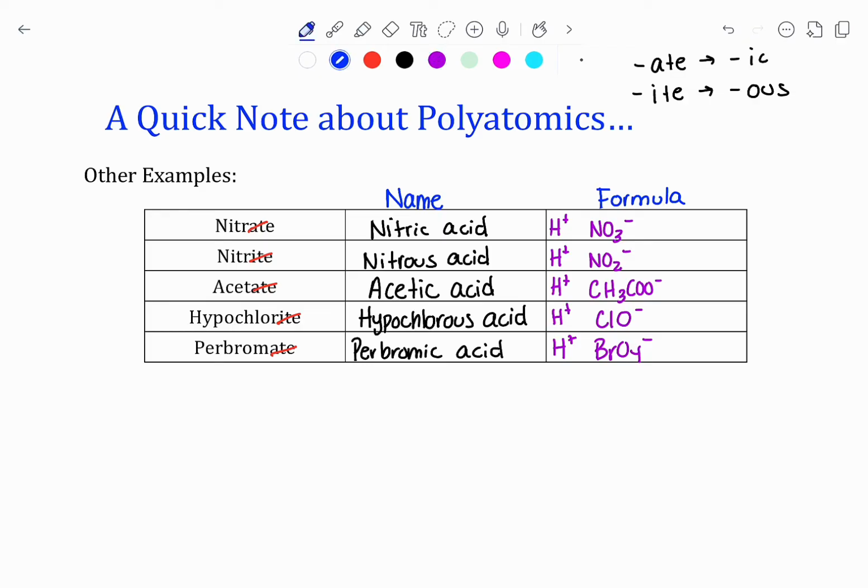So let's write these out. So for nitrate, I need 1 hydrogen to my 1 ion, so we're going to get HNO3. For nitrite, I need 1 again, so I need HNO2. For these last 3, I want you to take 30 seconds, pause your video, and complete the last 3 formulas.